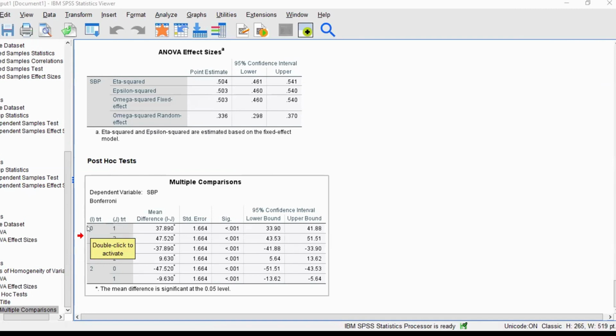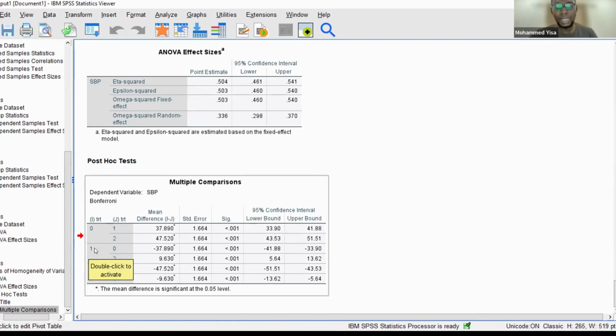Then when you come to the second row, you are now flipping it. You are subtracting. This is new treatment. This is old treatment.